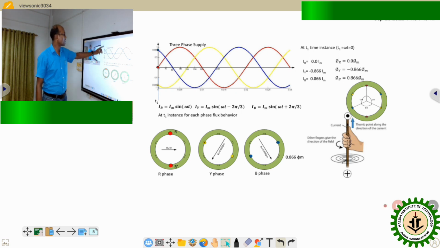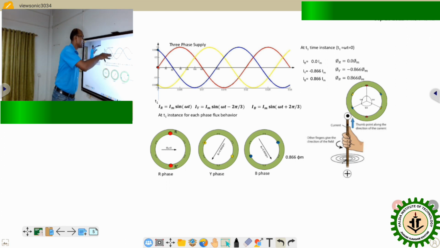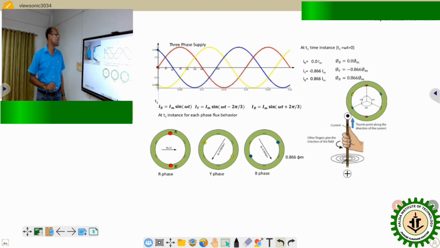The red color represents the sinusoidal waveform of the R phase flux, Y represents the Y phase flux, and B represents the B phase flux. To understand the RMF, we represent three different time instants, and at these particular instants we try to understand the resultant flux distribution.